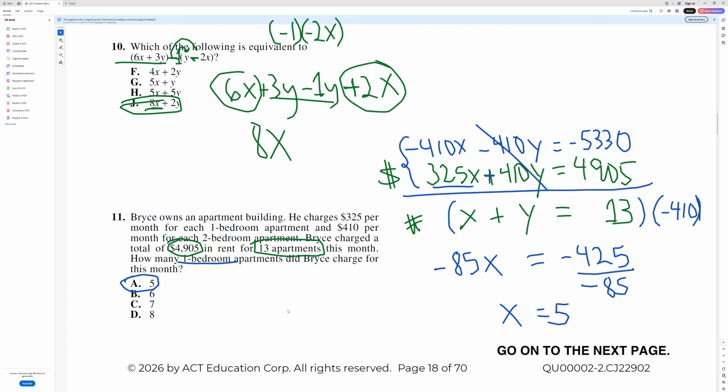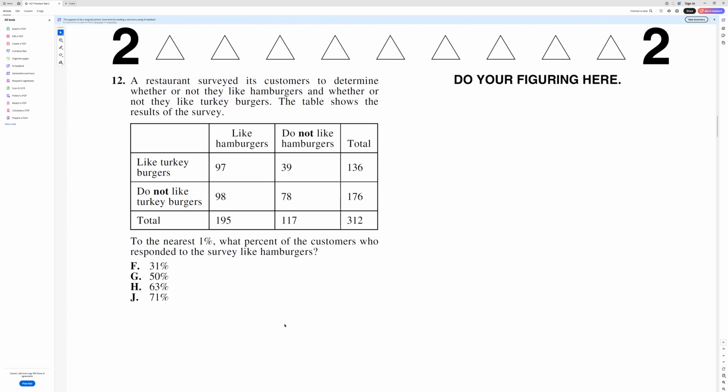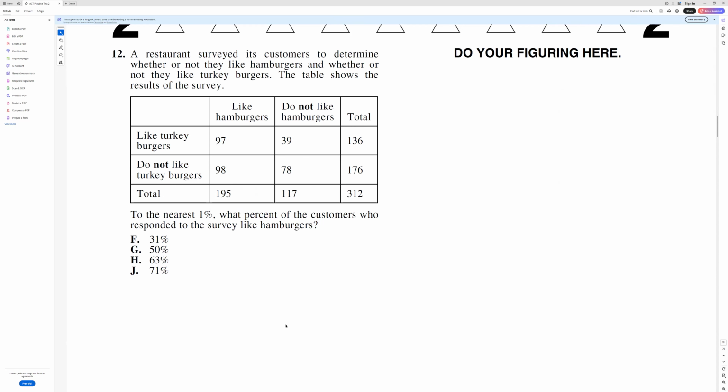Let me erase. Let me move up. So again, 12 is basically asking how many people out of the total do like hamburgers. So this is my total altogether, right? And if they like hamburgers, they're going to be here. It's going to be all these two numbers that add up to this subtotal.